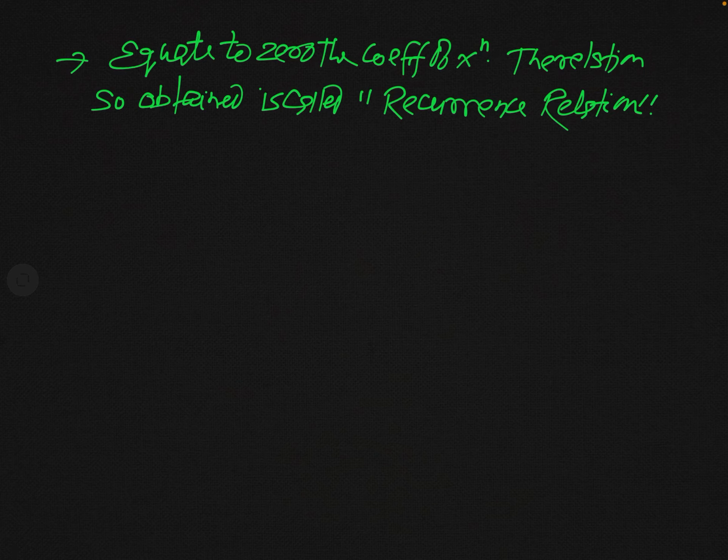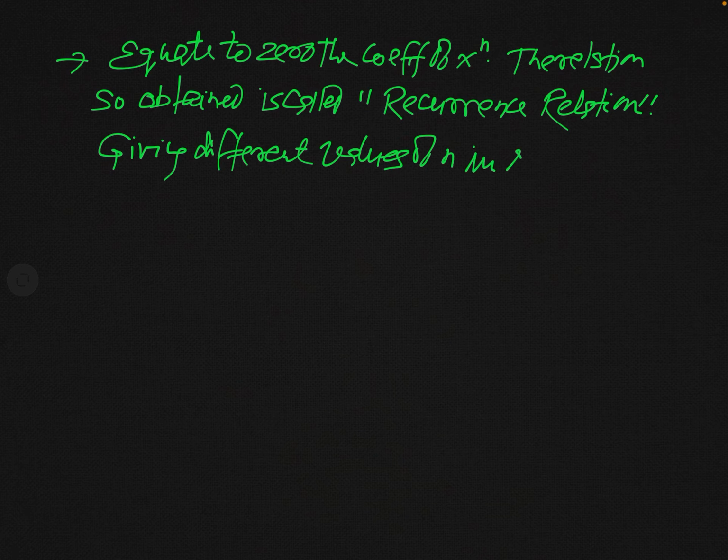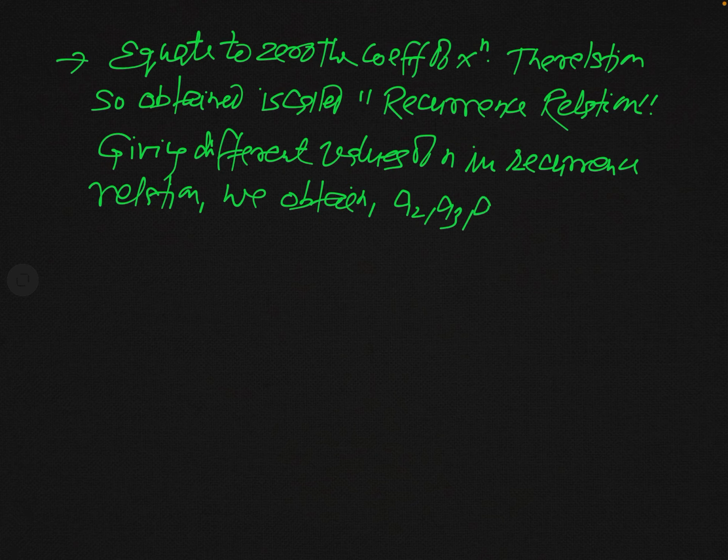From this recurrence relation, we can find the values of the different coefficients a2, a3, a4, and so on in terms of a0 and a1. So by giving different values of n in the recurrence relation, we obtain a2, a3, a4, and so on, or in brief, the different coefficients a_i in terms of a0 and a1.